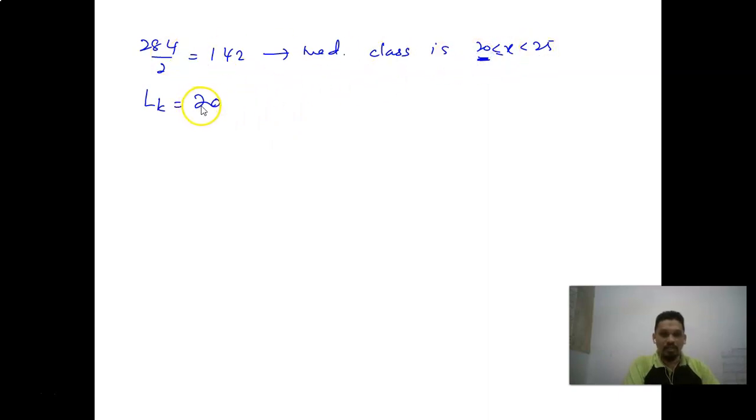The lower boundary of the class here is 20. And then the number of data equal to 284. The cumulative frequency of the class before the median class is 123.